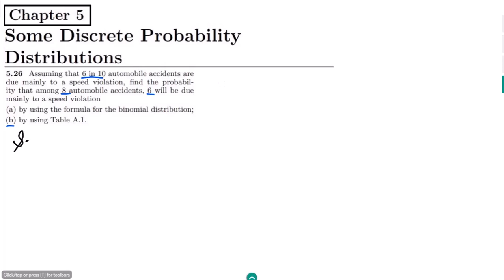So the solution of it is here, and in order to solve it we can very clearly see that we have 8 choices, and out of those 8 choices we have 6 which should be the accidents which we want to find out. Okay, so first we have to find the probability of accidents. Why? Because this is clearly a problem of the binomial probability distribution.